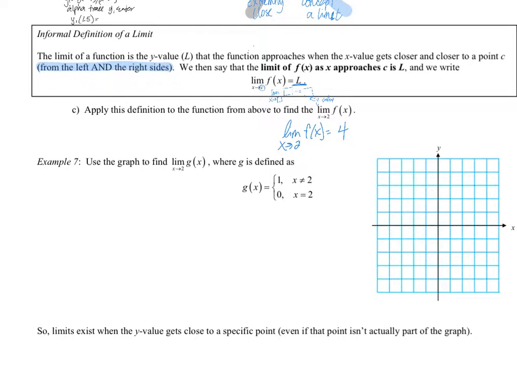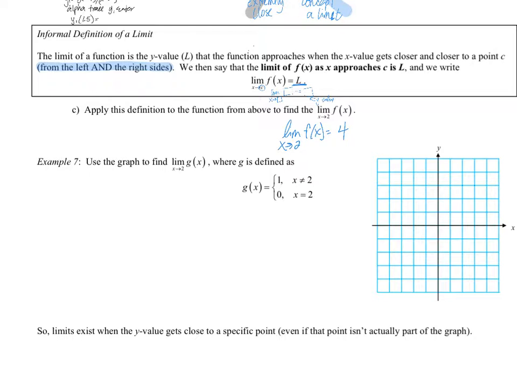Let's take a look at example 8. Use the graph to find the limit as x goes to 2 of g of x, where g of x is equal to 1 when x is not equal to 2, and 0 when x is equal to 2. So the first thing to do, the thing that would make sense first, is to graph it.